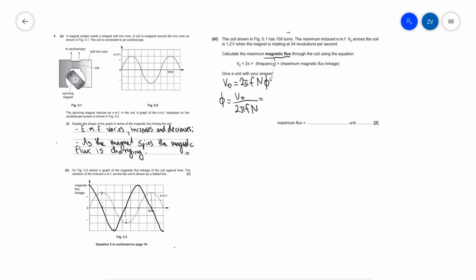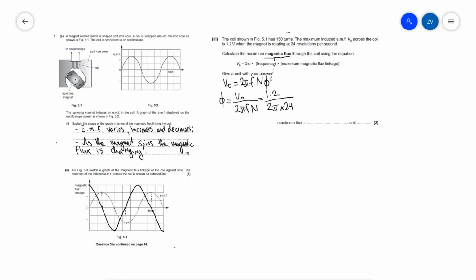So our V0 is 1.2 volts. I'm going to divide it by 2 pi. The magnet is spinning at 24 times per second, which means that this is essentially its frequency. So it'll be 2 pi times 24 hertz, because frequency is just the number of cycles per second.